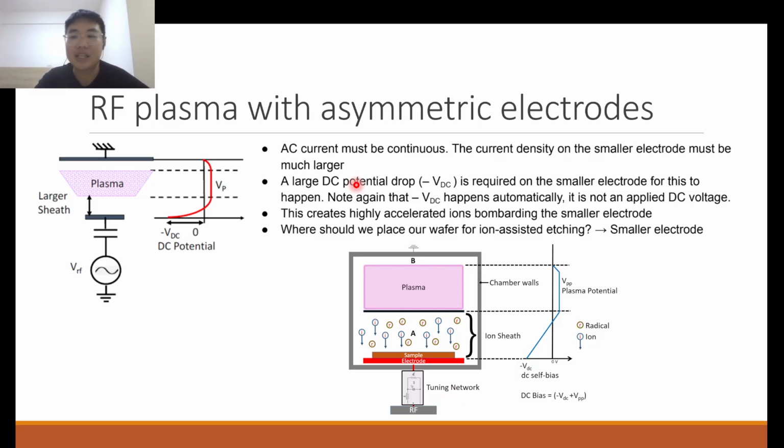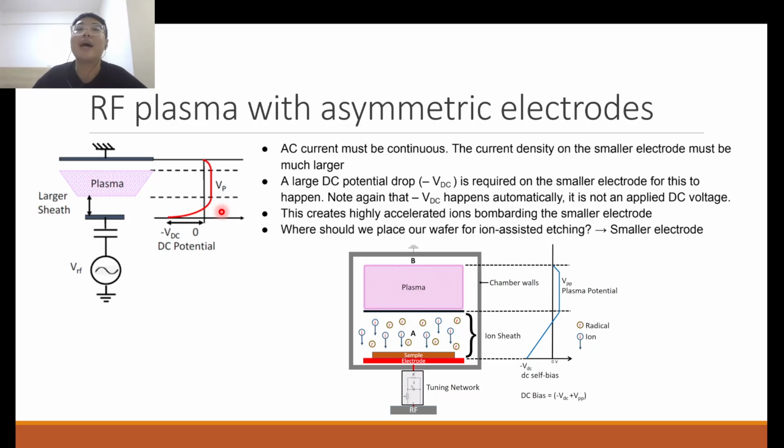The other electrode, in the case of a plasma etch machine, is a counter electrode. It has to be there as a counter electrode, however, it's not what we want to etch. We want to etch the wafer. So we want the self-established DC bias. This is not an applied DC bias, but a self-established DC bias. We want it to be stronger at the wafer surface, at the electrode where the wafer is placed.